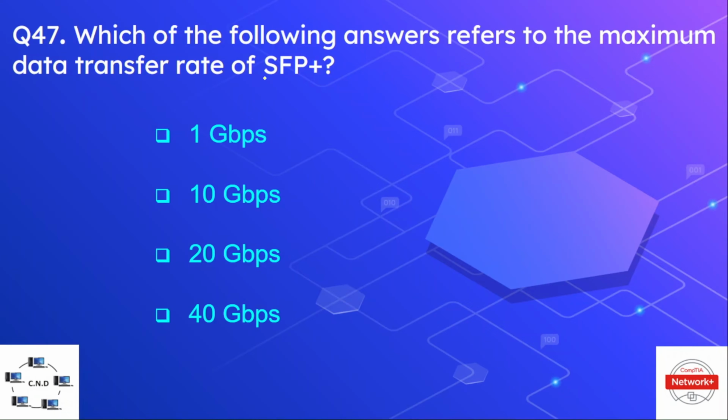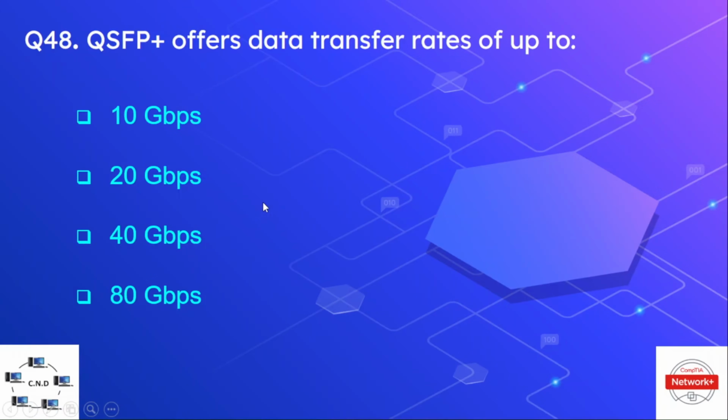Question number 47 is that which of the following answers refers to the maximum data transfer rate of SFP plus, and the options are 1 gigabit per second, 10 gigabit per second, 20 gigabit per second, and 40 gigabit per second. The SFP plus has a data rate or transfer rate of 10 gigabit per second.